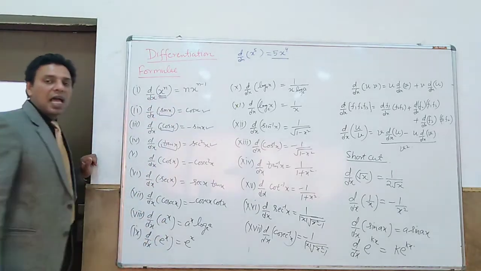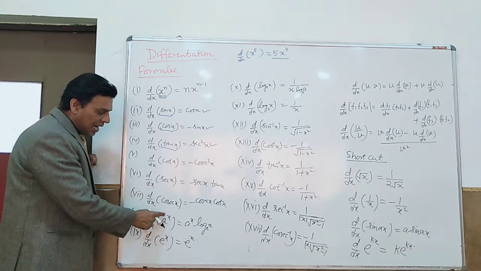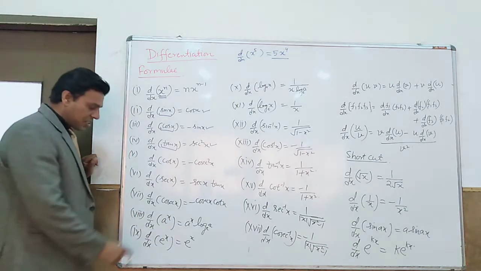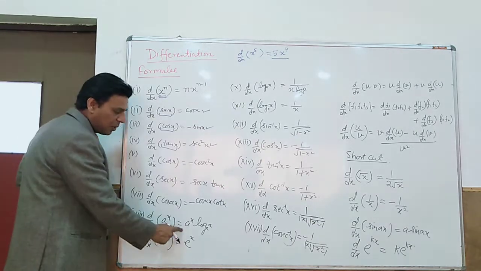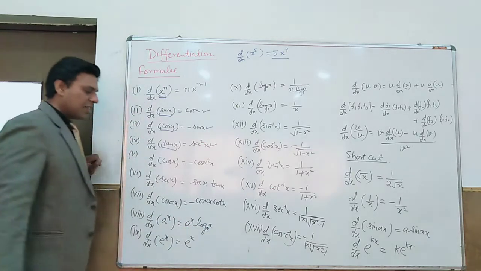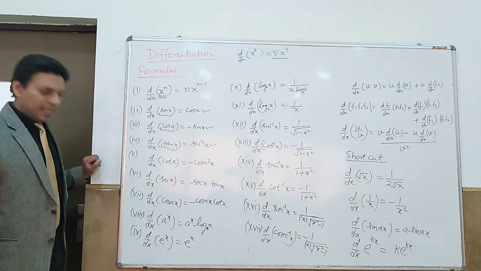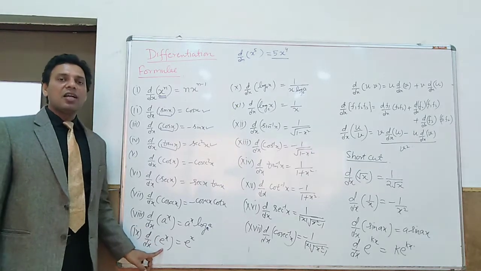These are called exponential functions. It means there is a real number and the power is a variable x, a to the power x. The differentiation of a to the power x is a to the power x log a, and in this case the base of the log is e. Now the differentiation of e to the power x, e is called Euler's constant.